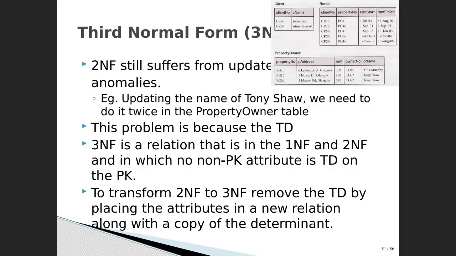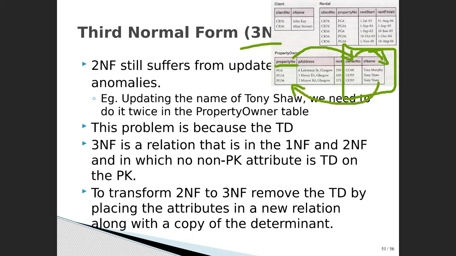Now the third normal form: if the relation is in its third normal form, it means that there is no transitive dependency. But we can see here, this is transitive. Why? Because property number determines owner number, which determines owner name. So owner name is transitively dependent on property number.